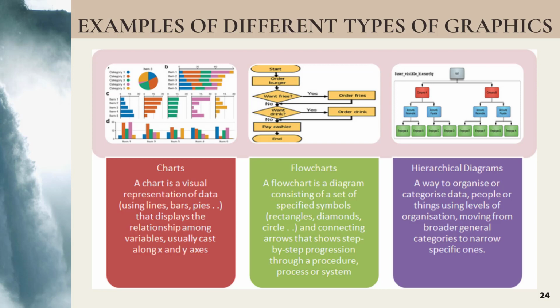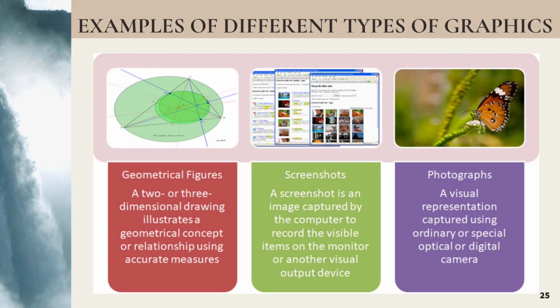And then we have the hierarchical diagrams, which are a way to organize or categorize data or people or things, using levels of organization. And then we have the geometrical figures, which are 2 or 3 dimensional drawings that illustrate a geometrical concept or relationship. All right.